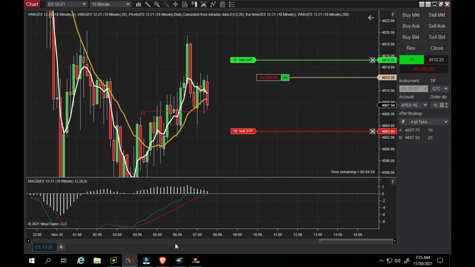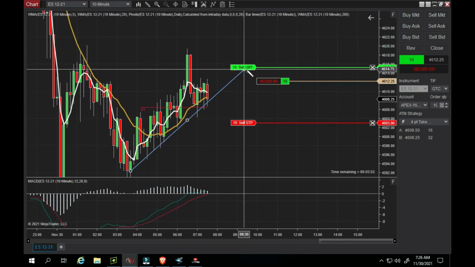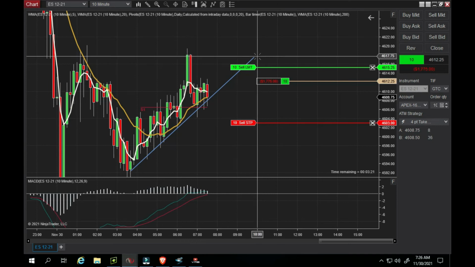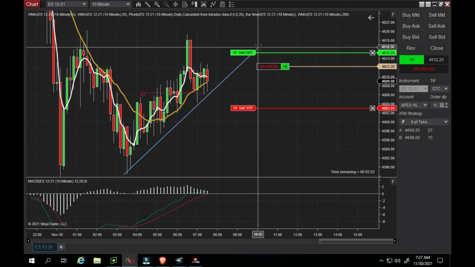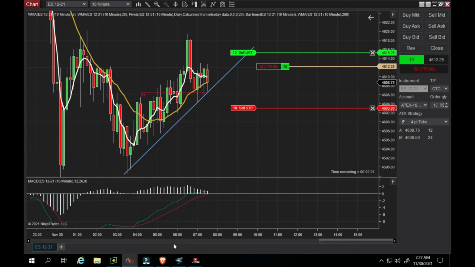So like I said, I'm going to fast forward here because I know that y'all don't want to just sit here and watch the charts. I'm sure if you're trading, you're watching the chart constantly anyway. So I'm going to be fast forwarding this.